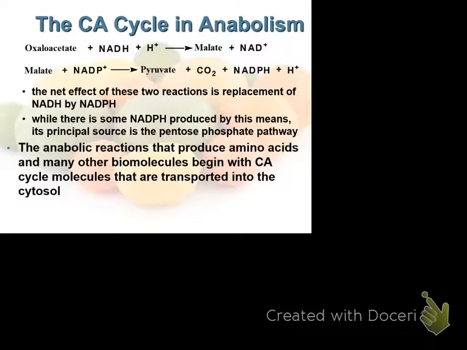And so even though the entire process starts in the mitochondrial matrix, you can use these shuttles to effectively transport electrons and transport other biomolecules from the matrix to the cytosol. Electrons wouldn't just freely go through. NADH and NADPH can't, and so that's why you use these dehydrogenase enzymes that effectively carry the electrons from one side to the other side, and then ultimately regenerate the NADH or the NADPH as needed.